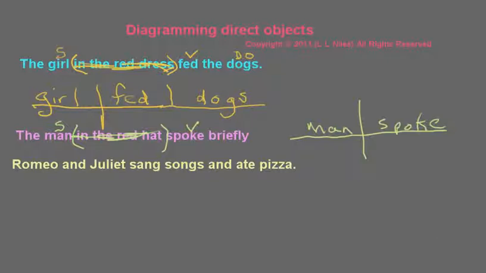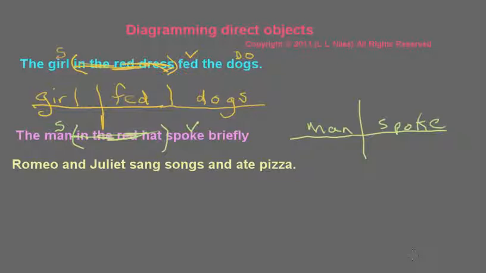All right, now I want you to think back when we were doing the other video on diagramming. Sometimes you had two subjects and you just had to split that line so that you had a line for each subject. Sometimes we had two verbs and you just split that line. It was no big deal. All right, so let's see what we have here.